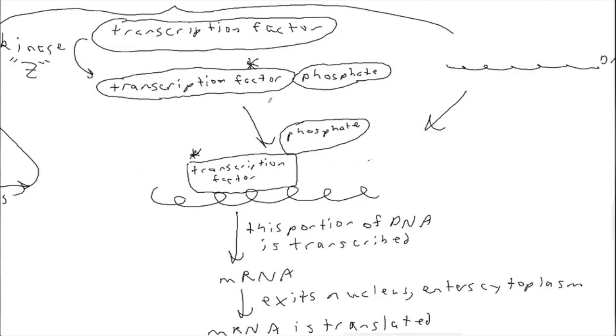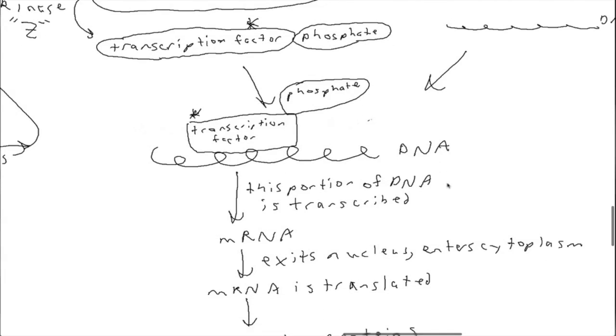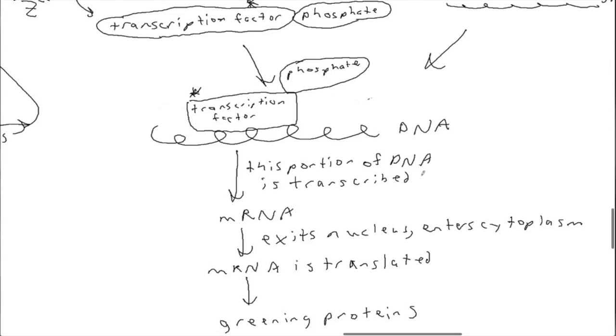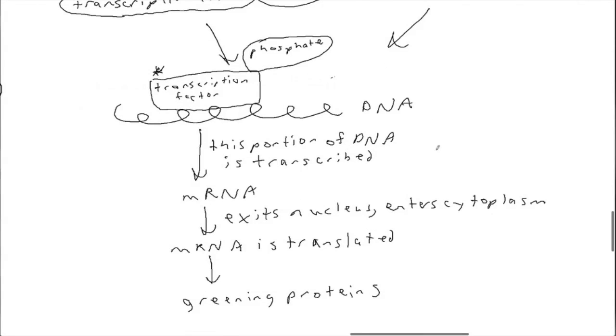Then what will the transcription factor do? It will begin the transcription process, transcription of the DNA. So it attaches to one particular gene on the DNA, and then that portion of DNA will be transcribed. And then the mRNA.